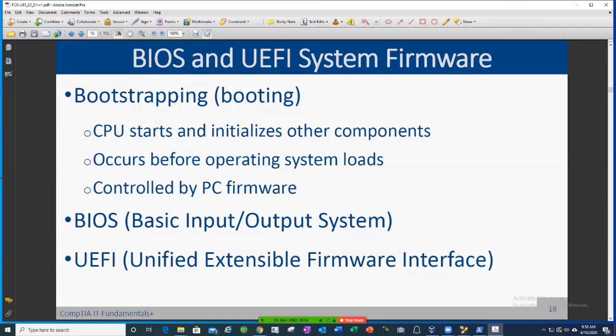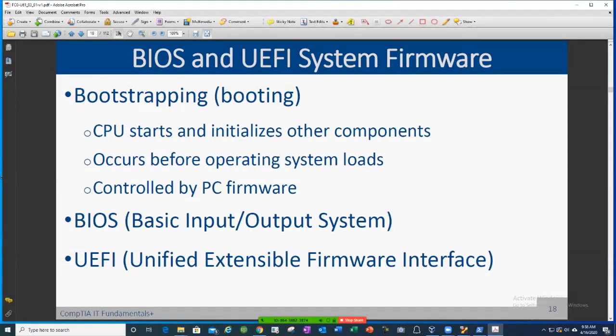The CPU, again, as I said, is the main component of the computer. It occurs before the operating system loads. So before anything loads in a computer, that screen that you see over there, we'll see it in a bit, it's the system BIOS. It's controlled by PC firmware, so it's embedded into the motherboard. BIOS stands for Basic Input Output System.